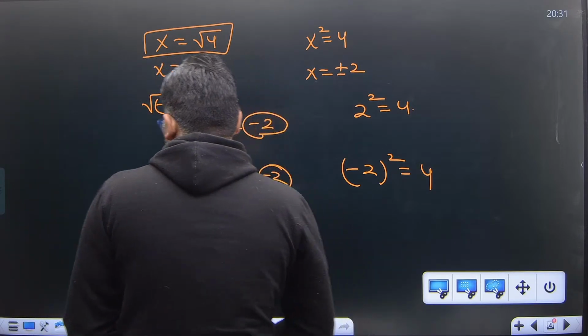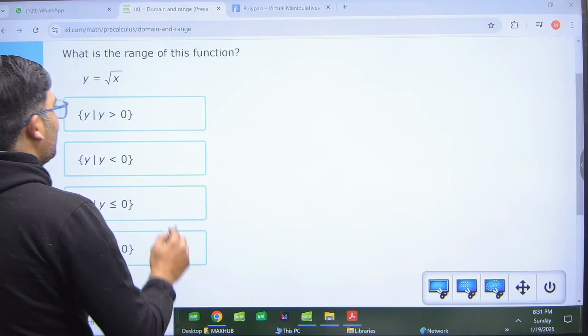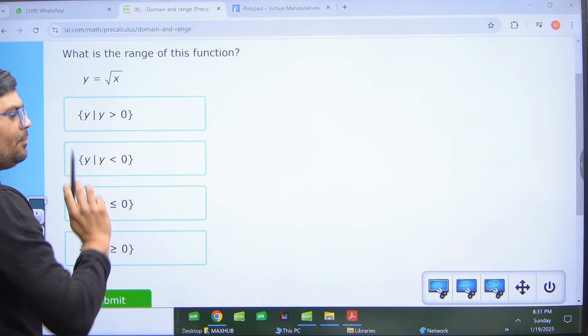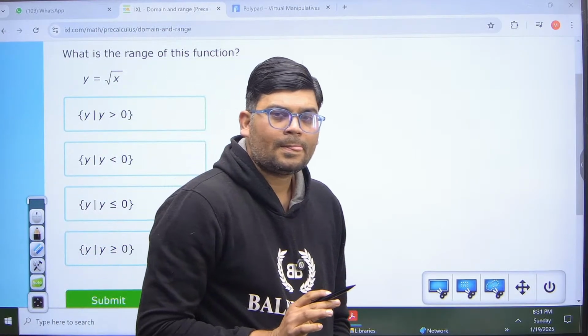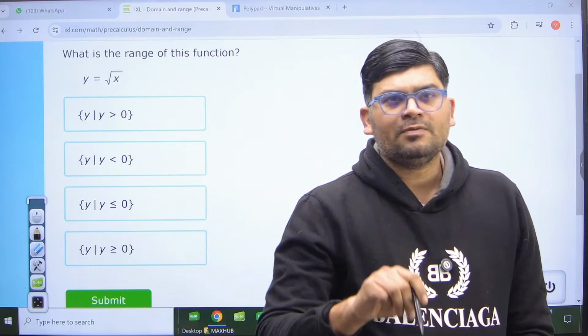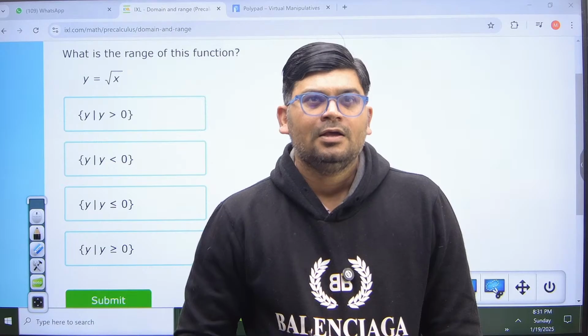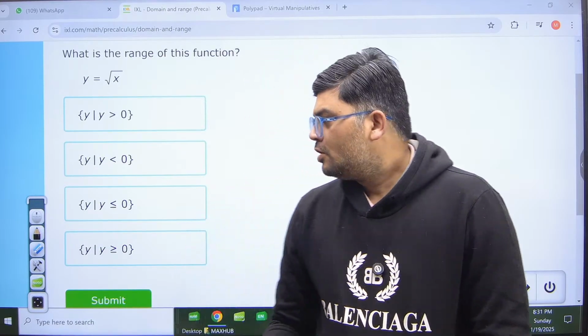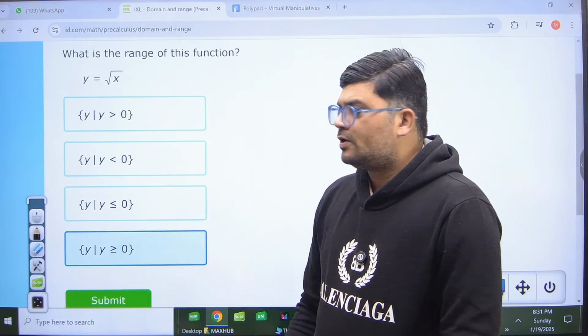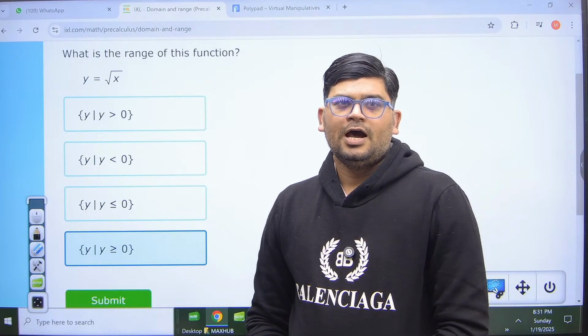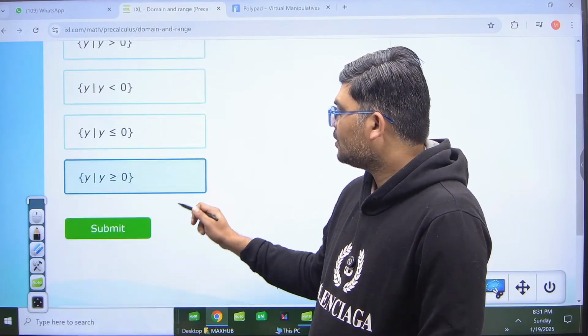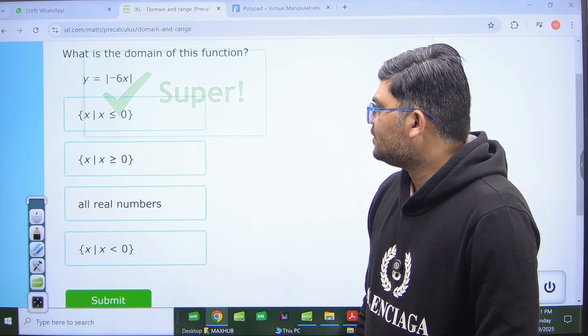So by that logic, I can take only positive numbers from the square root. With those, I will get only positive values of y as well, including 0. So y should be greater than or equal to 0. Are you getting it? Yeah. So this is the range of this function.